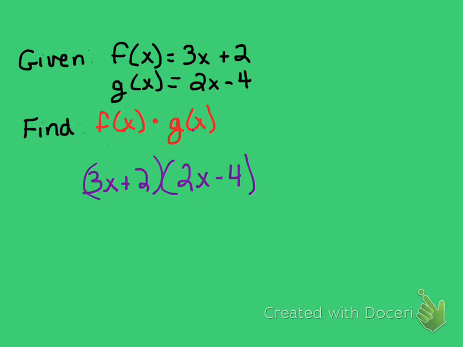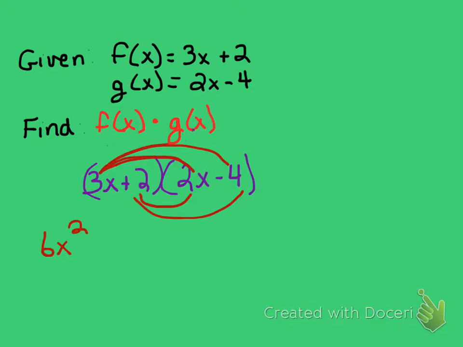So I'm going to distribute this 3x to the 2x and the negative 4. Then I'm going to distribute the 2 to both as well. I have to multiply the 2 times the 2x and the 2 times the negative 4. So I'm going to take this in order from front to back. 3x times 2x would be 6x squared.